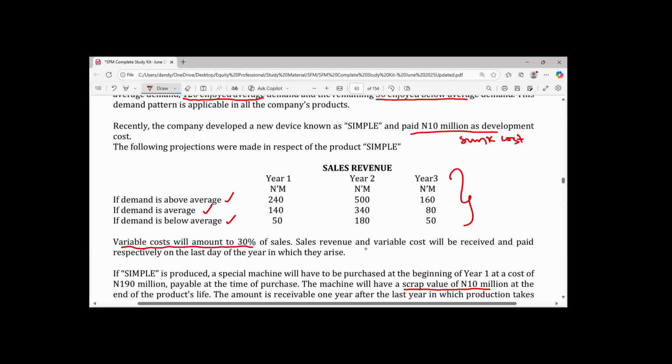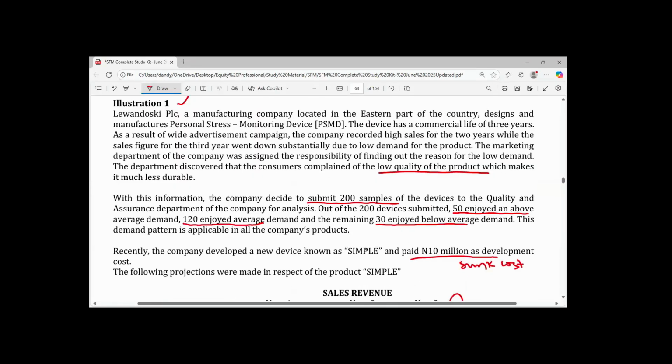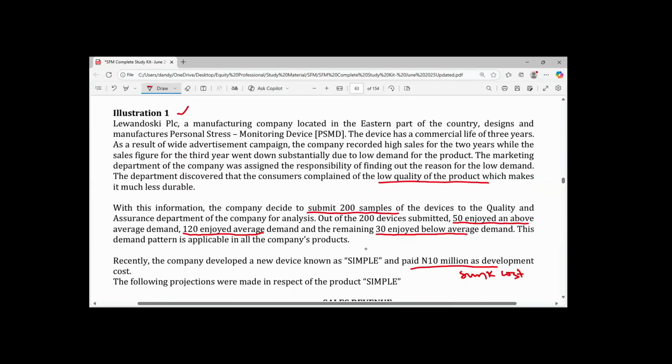So now that it is not given, in that case, you need to go to the question and identify it, because since it is not given to you directly, that means the examiner has hidden it somewhere. So you should be able to unravel it. I will then go back to the question and check where I have information on the samples given to us. When you look at the second paragraph, the examiner told you that the company decided to submit 200 samples of the devices to the quality and assurance department of the company for analysis.